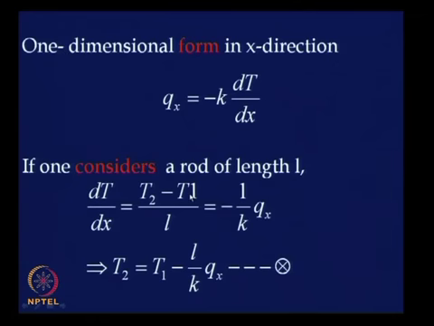Apologies, this should be a suffix 1. So, now if you consider only this combination, T2 is expressed like this. You just make a note of it: T2 equals T1 minus (L/k) q_x. We will come back to this very soon.